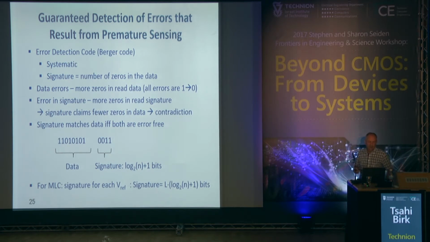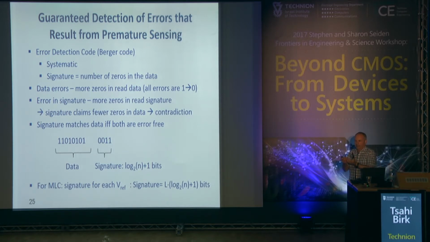We use what's called Berger codes. In addition, alongside the data, let's say n bits of data, we store a signature which is simply a binary number, log n bits, saying how many zeros there are in the data. Now, if you think of it, in the data itself, if there are read errors due to us, the number of zeros we read is larger than what it should be.